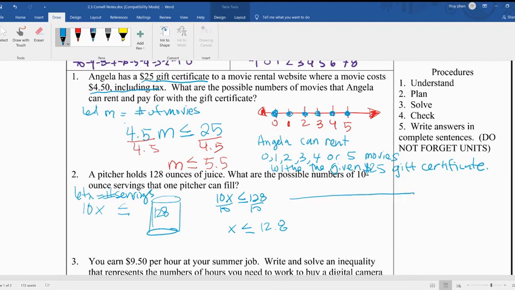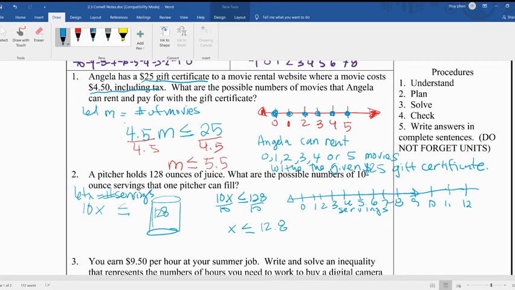If I was to graph this on a number line, we're looking at servings. A pitcher can hold 0, 1, 2, 3, 4, 5, 6, 7, 8, 9, 10, 11, and 12.